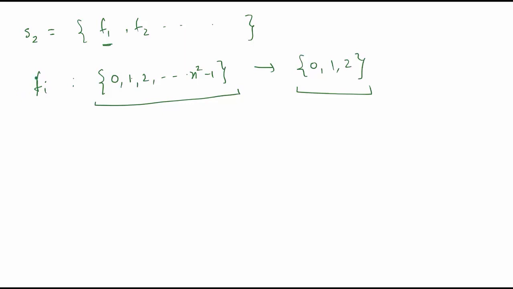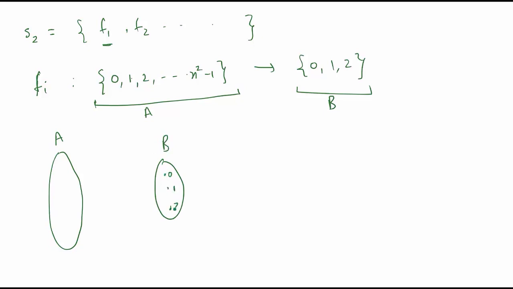Now let's see how many such functions are possible which map from this set to this set. Suppose there is a set A which is this domain and a set B which is this codomain. B has three elements 0, 1, 2, and A has n square elements, from 0 to n square minus 1.